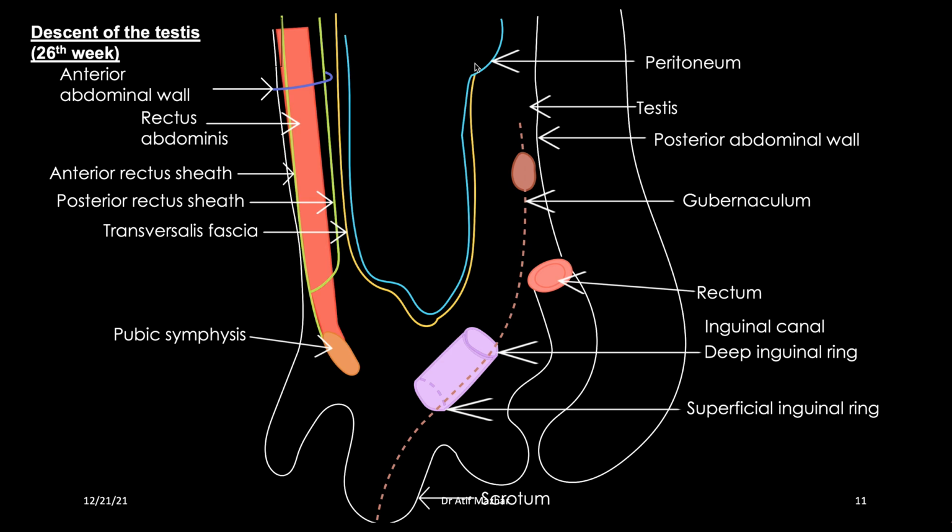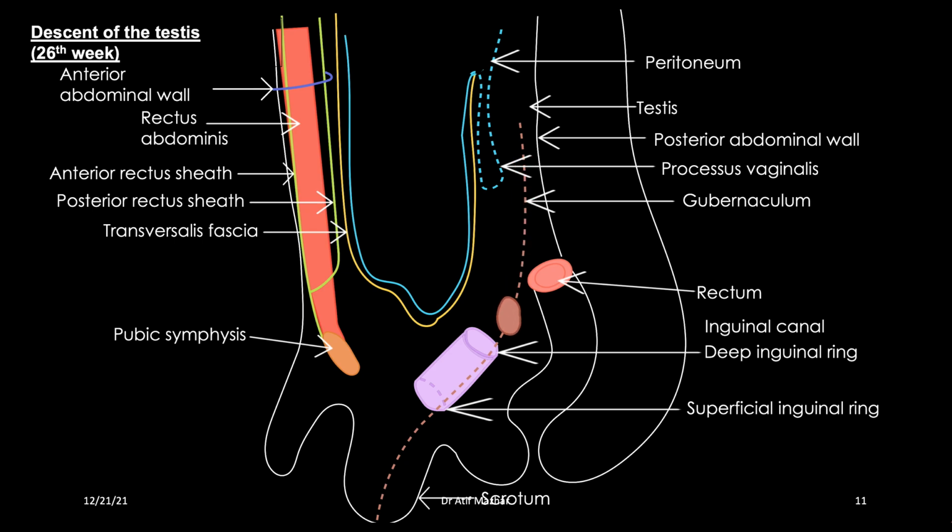Now you should pay attention at this point, because with the descent of the testis, the peritoneum will be following it, the parietal layer of the peritoneum. You can see that it is breached from there, and there is a blind loop of parietal peritoneum that is following this testis, which is descending downwards towards its final place. And this is given the name processus vaginalis.